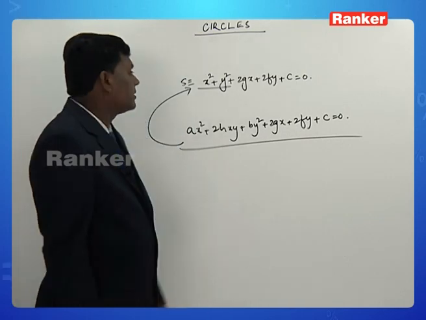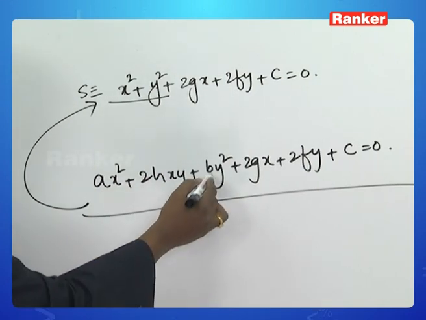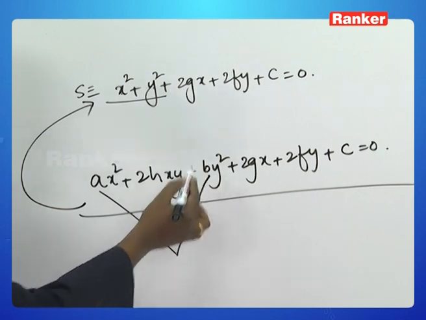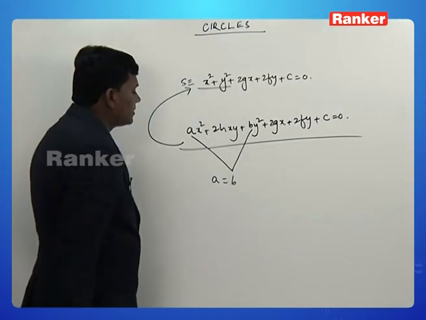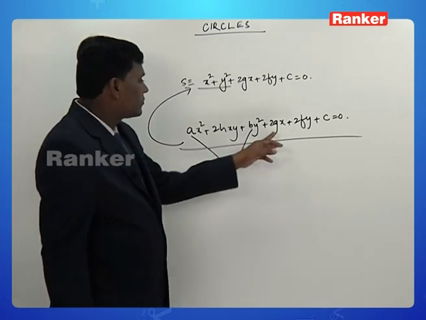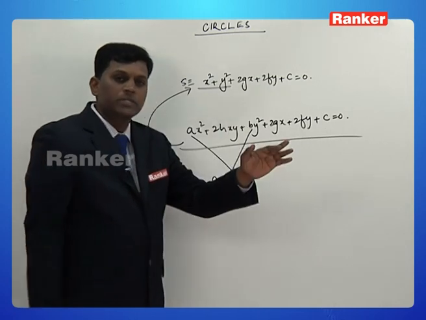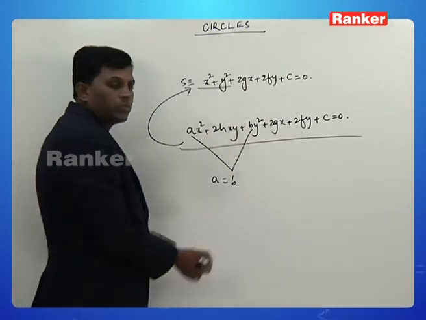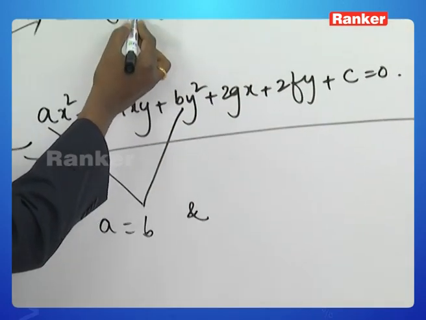So that is why, compulsorily, the x square and y square coefficients should be equal. Here the x square coefficient is a, and the y square coefficient should be equal to b. So the necessary condition for this second degree non-homogeneous equation to represent a circle is that a should be equal to b.